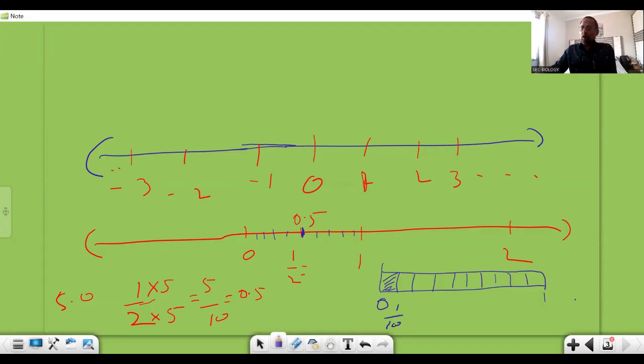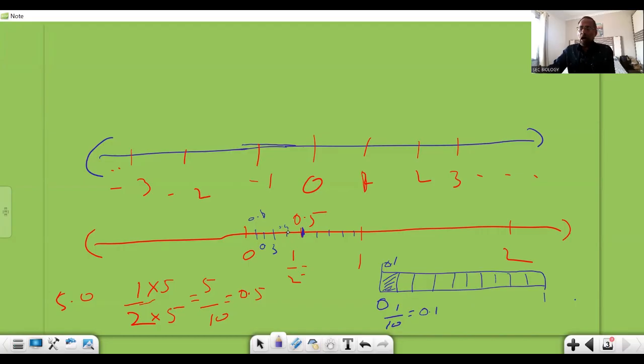Okay, fine, you can eat. That is 1 by 10, 0.1. This is 0.1, 0.2, 0.3, 0.4, 0.5.